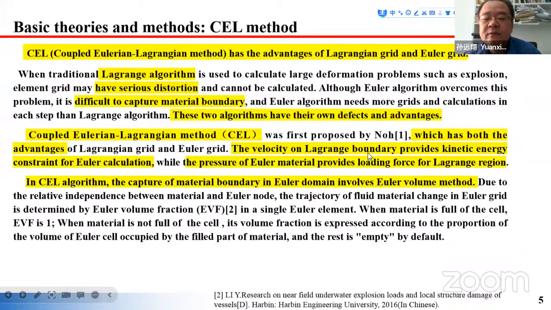The velocity at the Lagrange boundary provides the kinematic constraint for the Euler calculation, while the pressure of the Euler material provides the loading force for the Lagrange region. In CEL, the capture of the material boundary in the Euler material involves the Euler volume method.